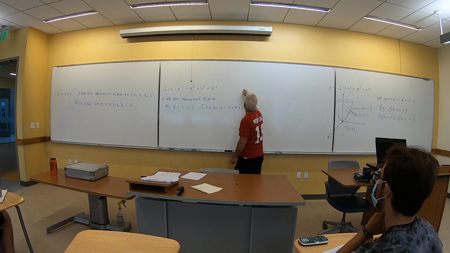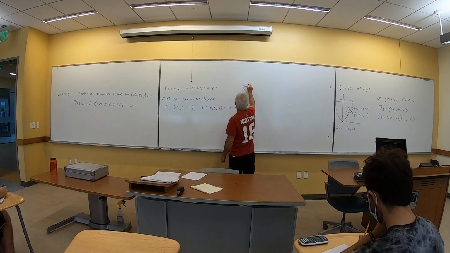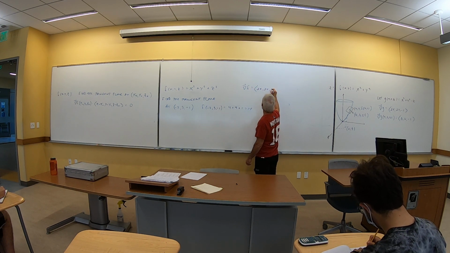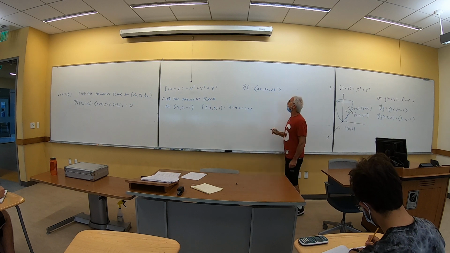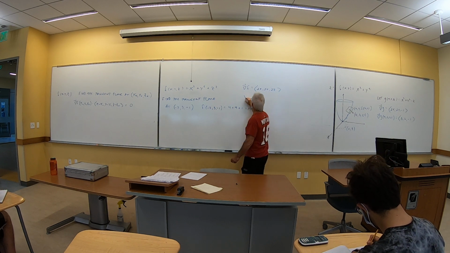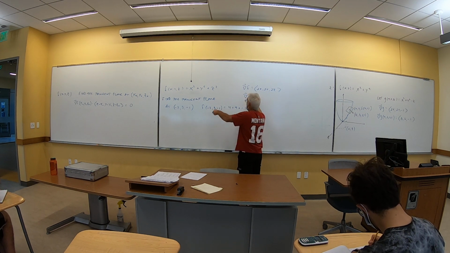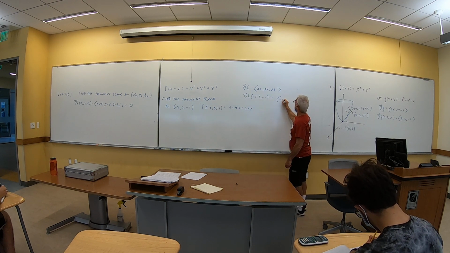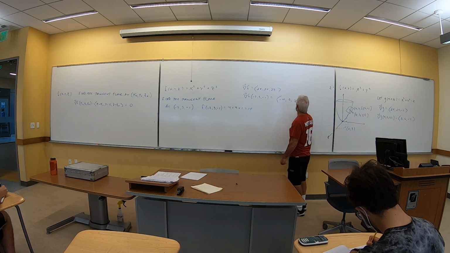So let's find the gradient. Well, that's nice. 2x, 2y, 2z. Let's find the gradient evaluated at -2, 3, -1. And I get -4, 6, -2.